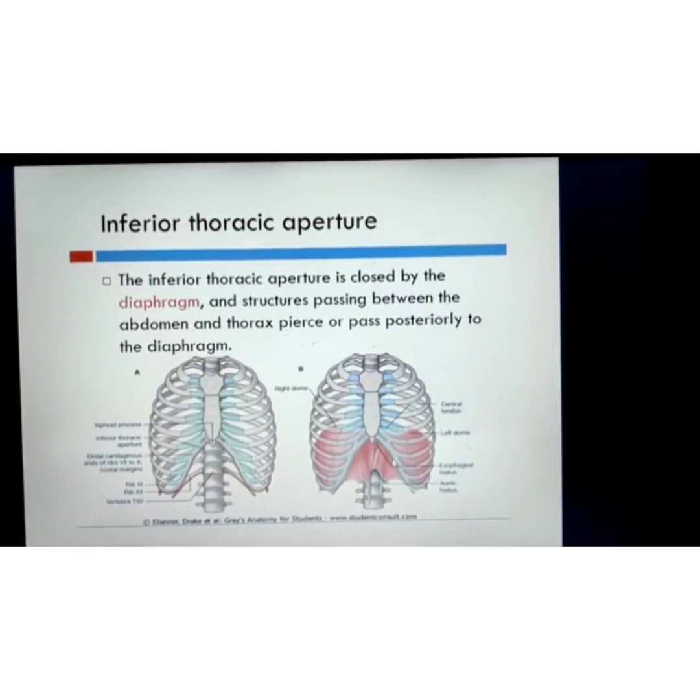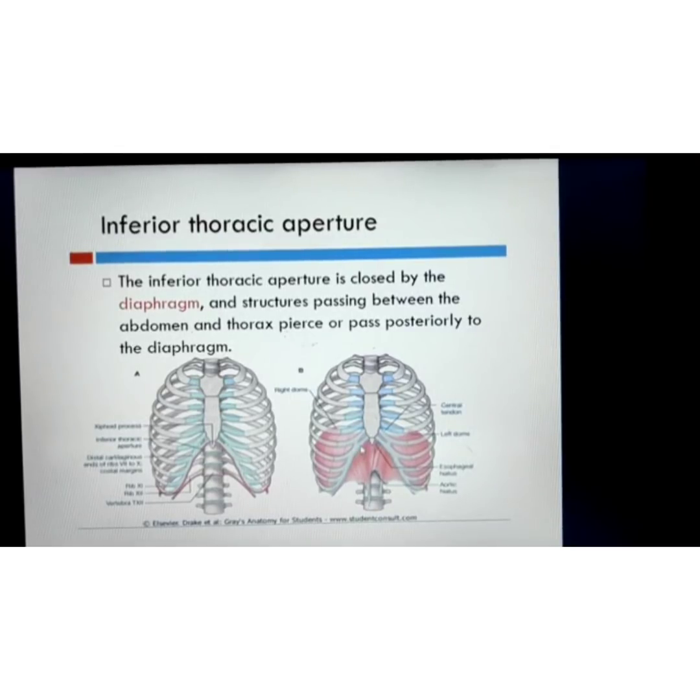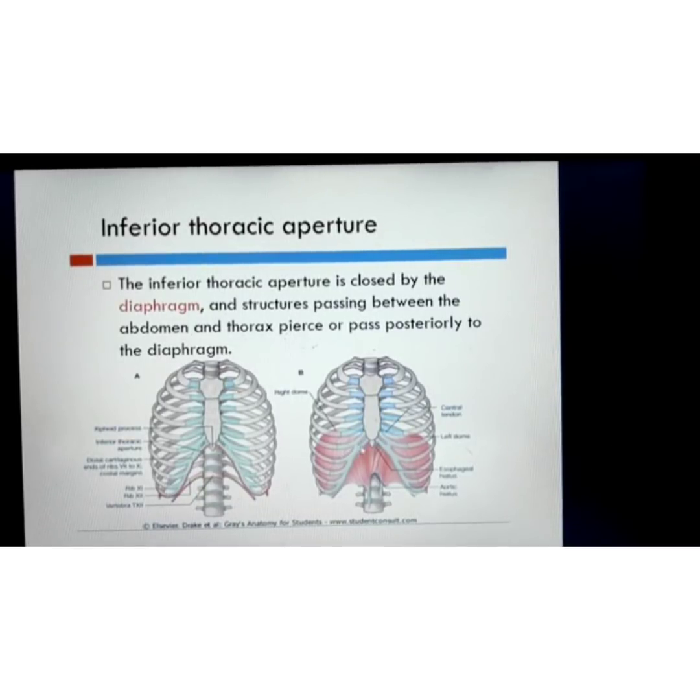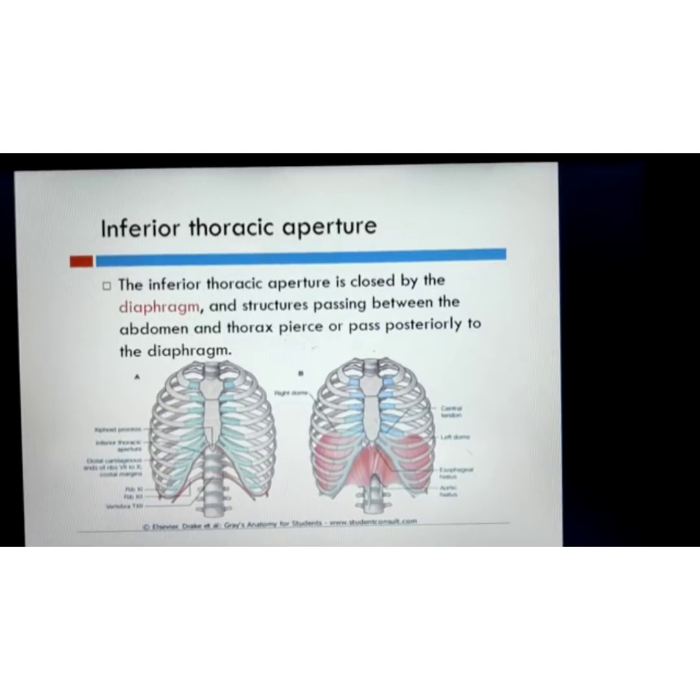Anteriorly, the inferior thoracic aperture is bounded by a V-shaped boundary formed by the xiphoid process, then the 7th, 8th, 9th and 10th costal cartilages.